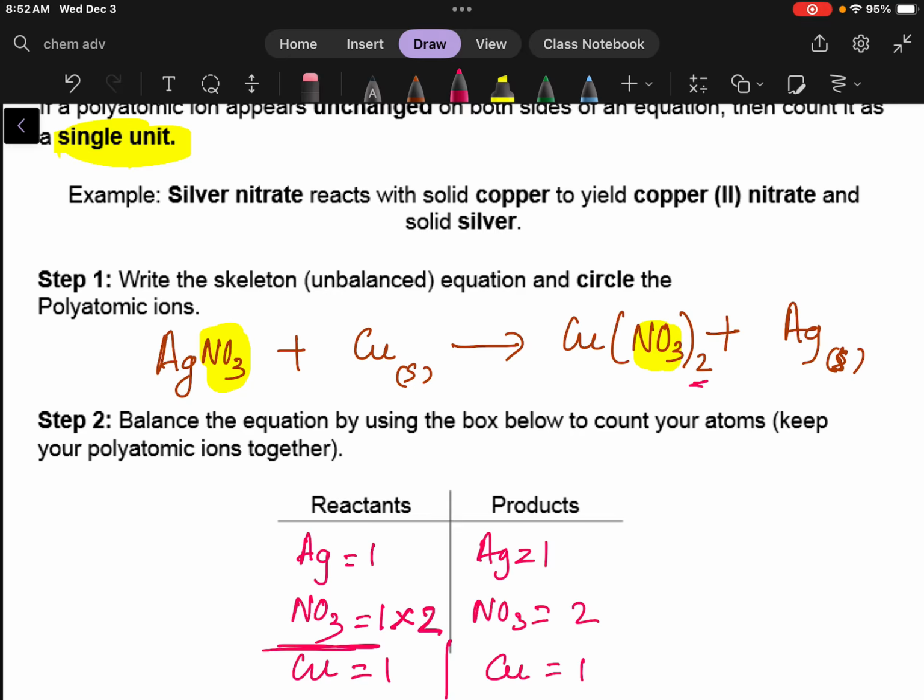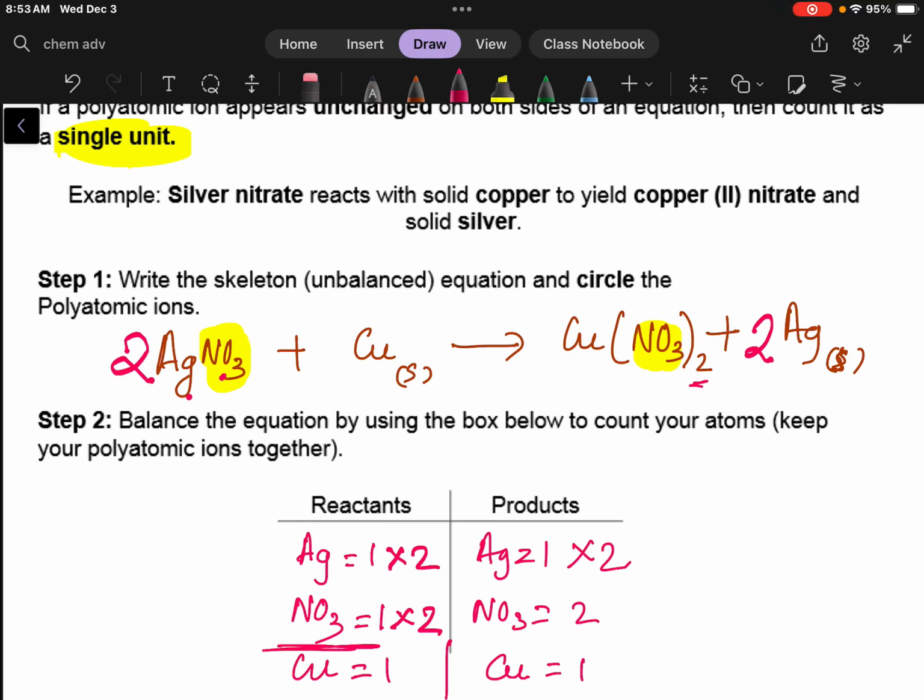So we go here and multiply with the 2. That changed another atom which is connected to nitrate, which is Ag. Ag also automatically changed into 2. So here Ag is only 1. I need to make that into 2 by multiplying with the 2. Okay, so everything is balanced.